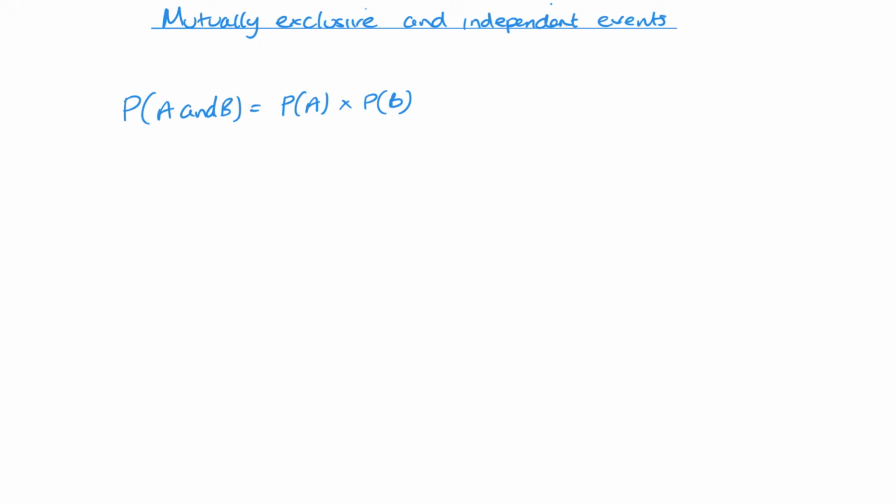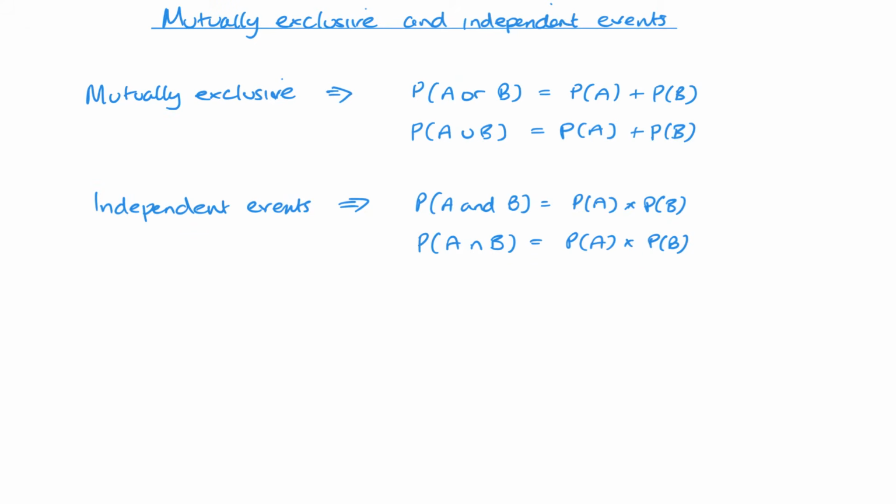So often they are tree diagrams, but not exclusively. They could still be in a Venn diagram. So this is what we're looking at. Mutually exclusive is 'or', and you add, which is written like this, the union, but this formula is only for mutually exclusive. Independent is 'and', and you multiply, and again that is intersection, but only for independent events.